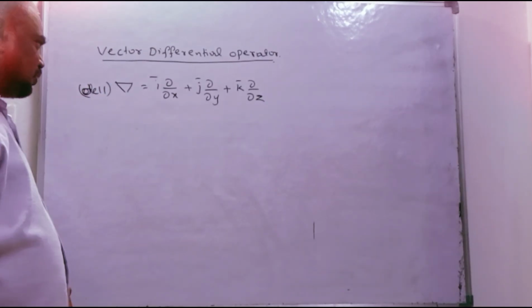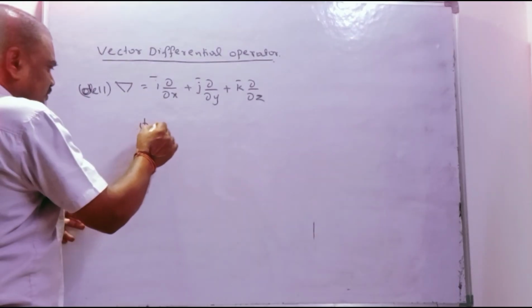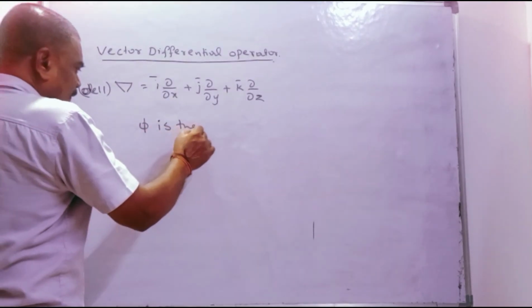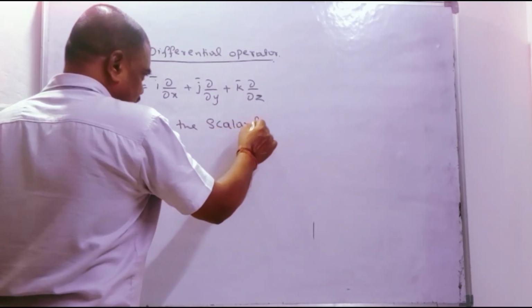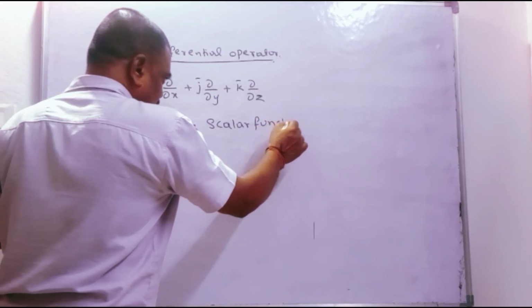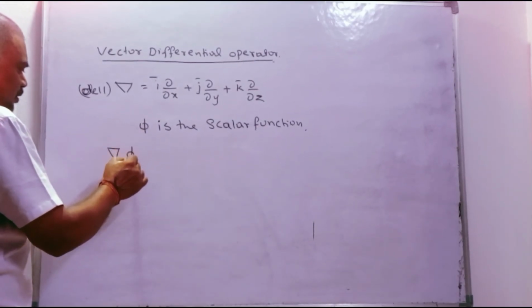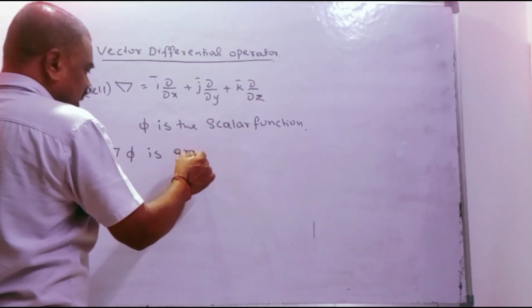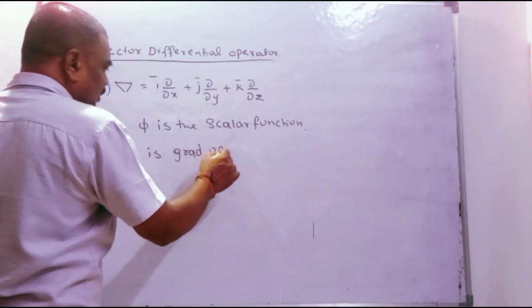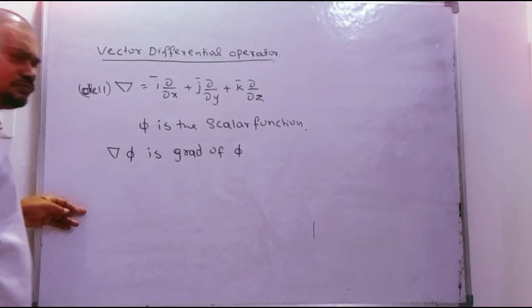Okay. So here phi is the scalar function. So del phi is the gradient, grad of phi.